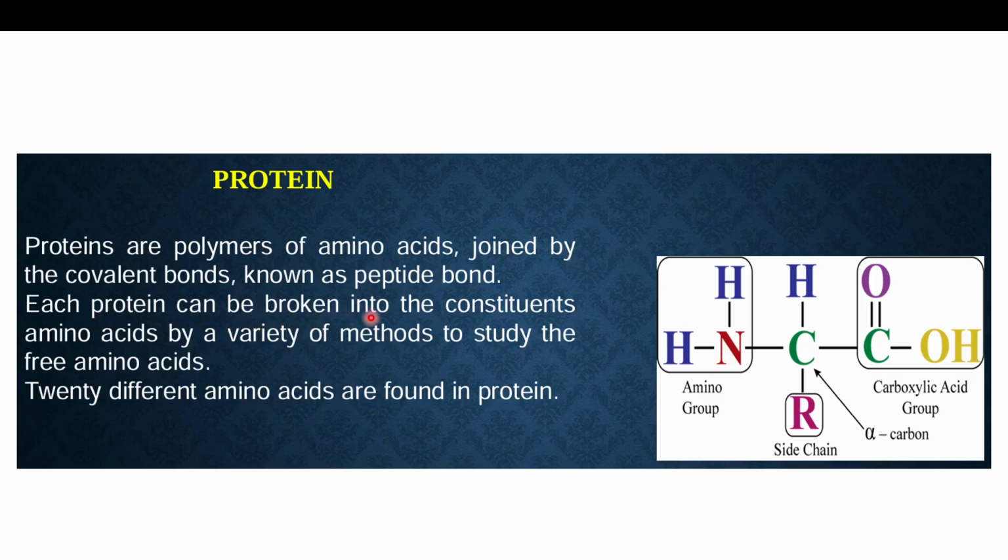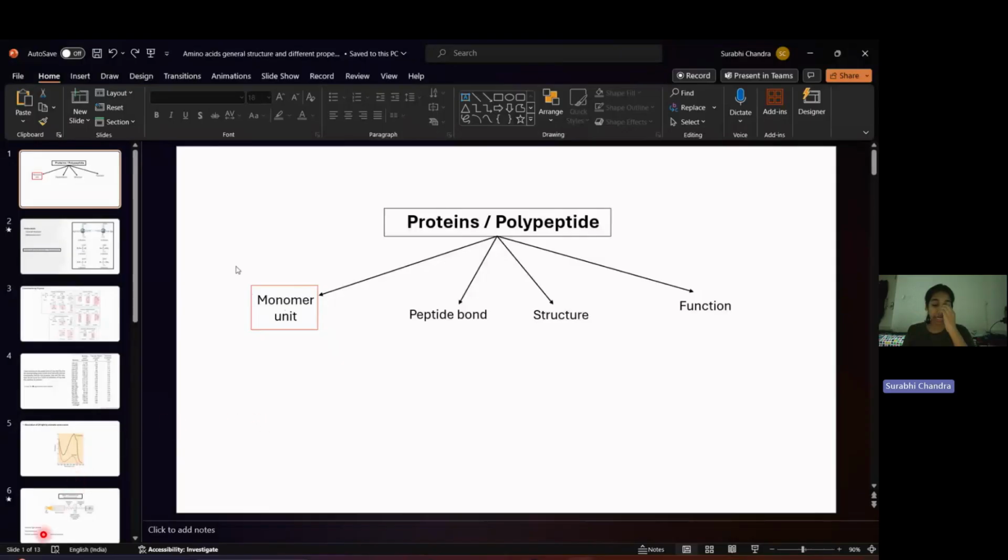And each protein can be broken into the constituent amino acid by different kinds of methods that also we will look at eventually in the later slides to study the free amino acids. And there are 20 naturally found amino acids, um, in which comprise a protein sequence. Okay, so this is the video. I will play it fully.